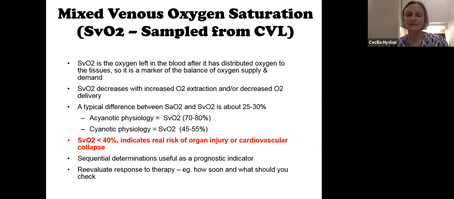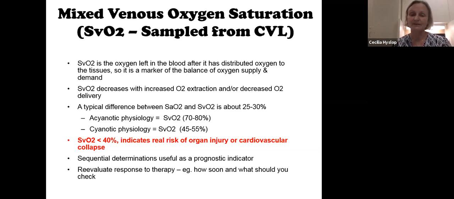So under normal conditions, it extracts about 20 to 30%. So to keep the math easy, if your oxygen saturation on your arterial blood gas or your hand is 100 and your body extracted 25%, because it's an easy number to remember, then when you extracted it from the neck, your mixed venous oxygen saturation would be 75%.